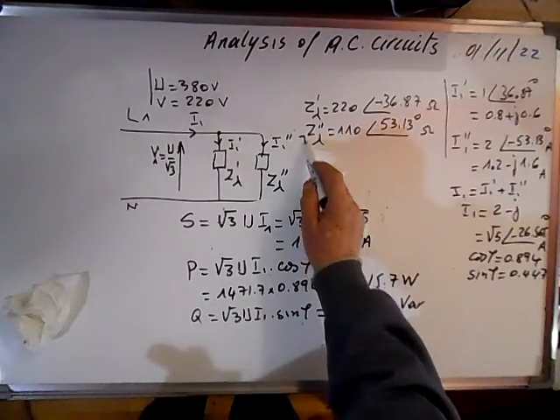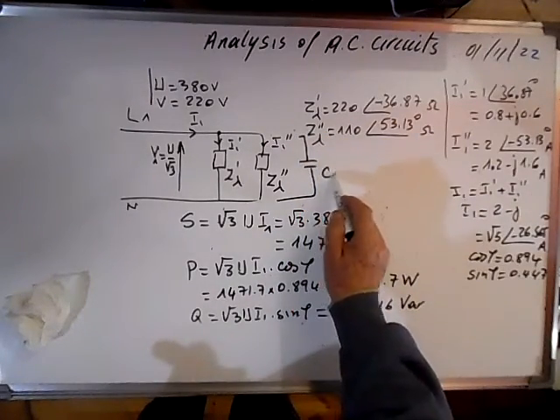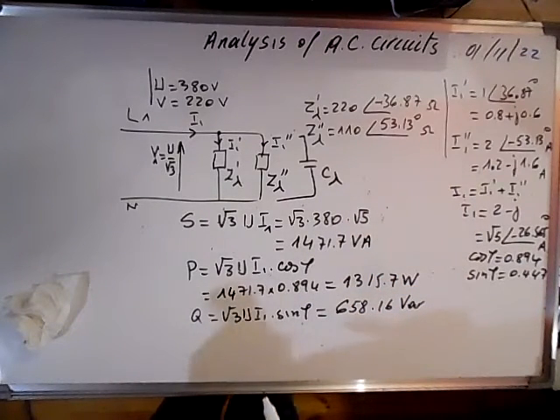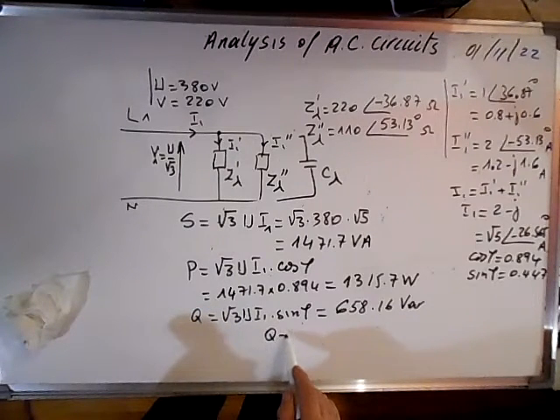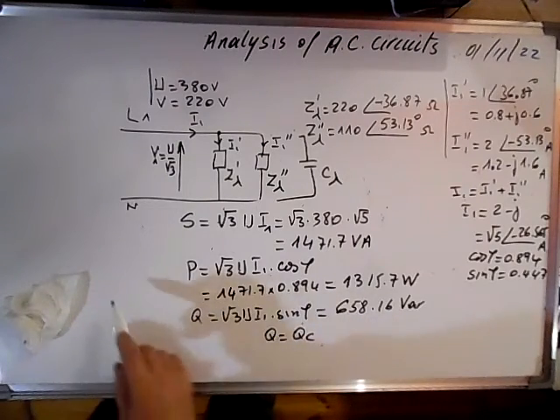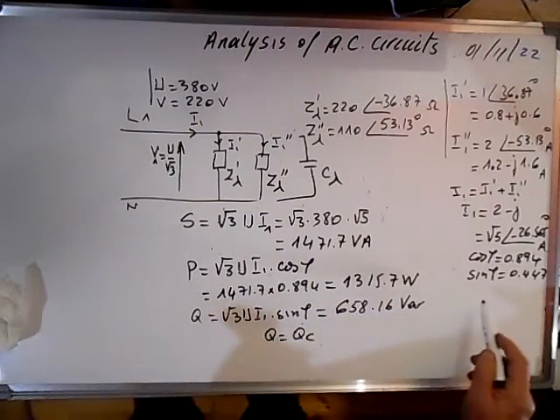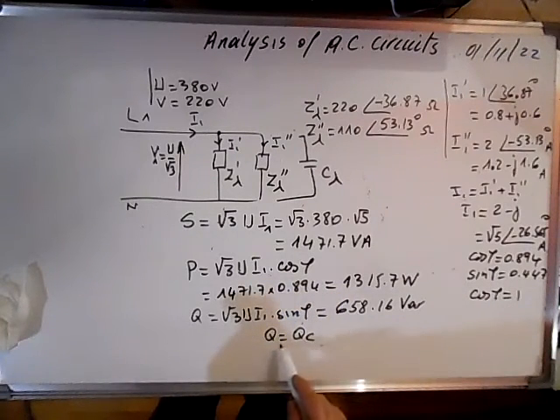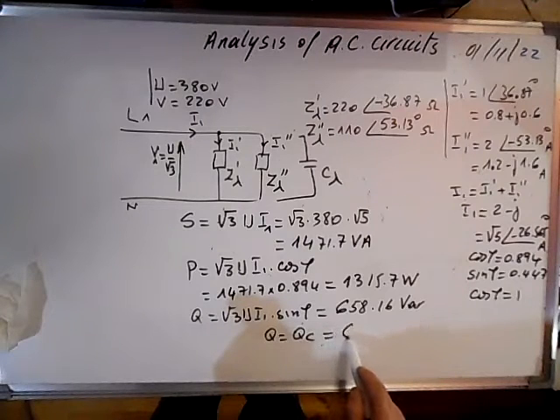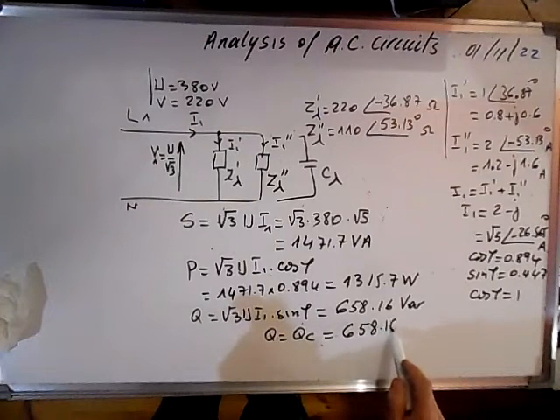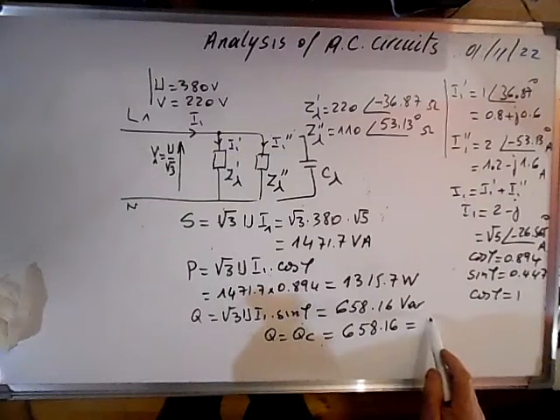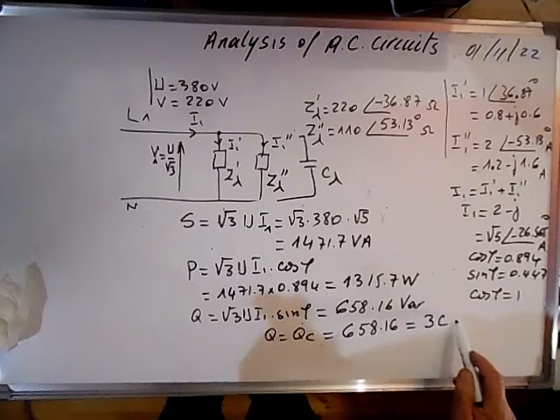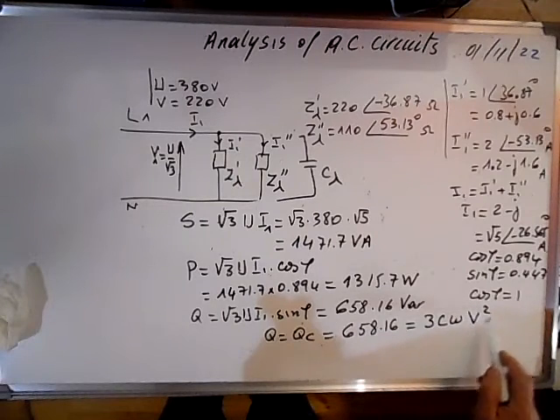circuit to have, let's calculate C, the capacity of the circuit when it's connected in star. So Q should be equal to QC. To compensate this, we want a new power factor of 1. So Q should be equal to QC. If it's connected in star, it means it should be equal to 3C omega V squared.